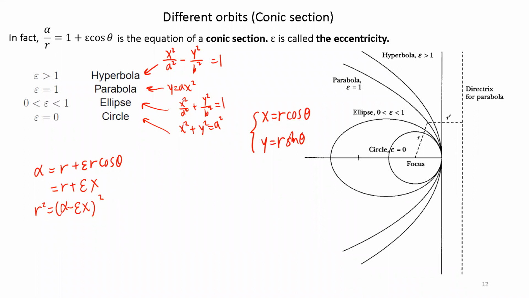Then I can rewrite this r squared as x squared plus y squared. And if I expand the other side, that would be alpha squared minus 2 alpha epsilon x plus epsilon squared x squared.